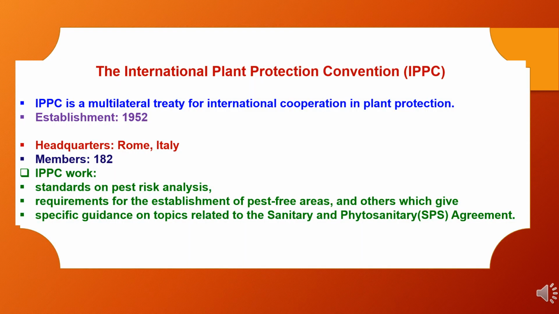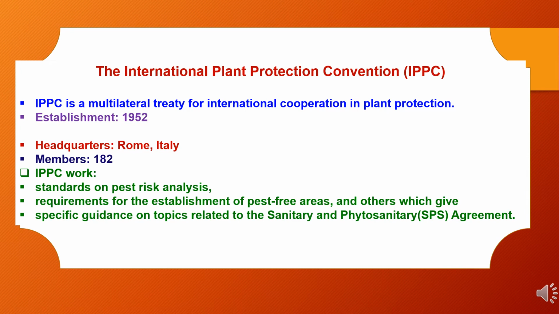As a part of international quarantine, the International Plant Protection Convention, known as IPPC, is one of the important ones. IPPC is a multilateral treaty for international cooperation in plant protection, and it was established in 1952.